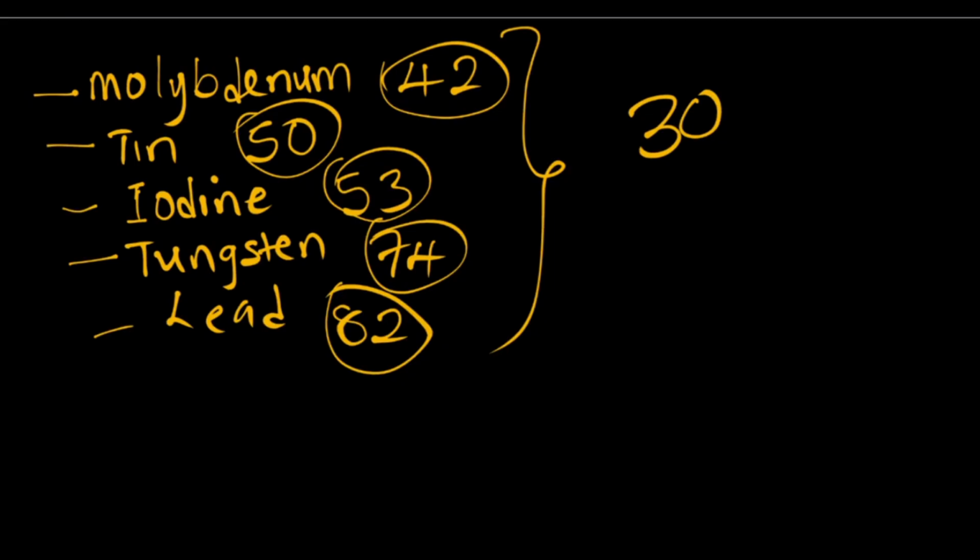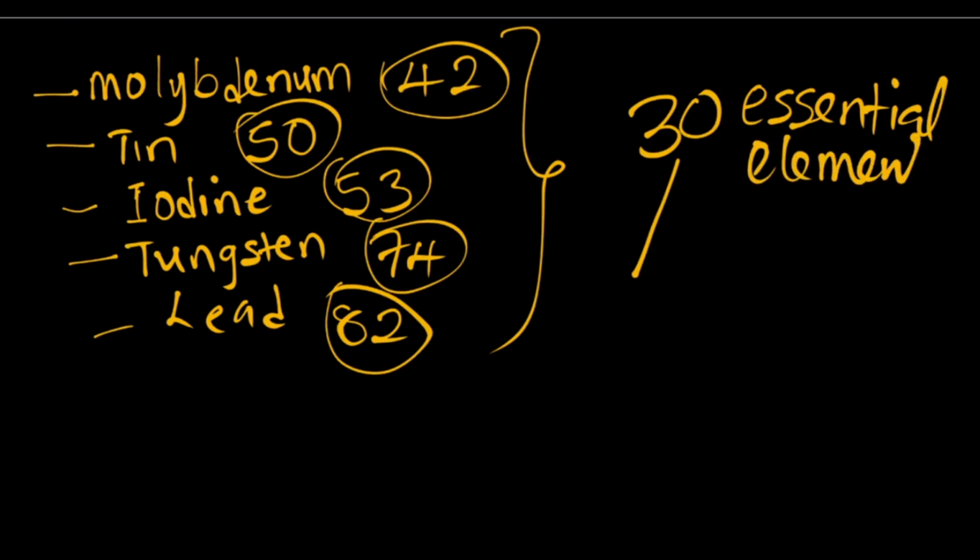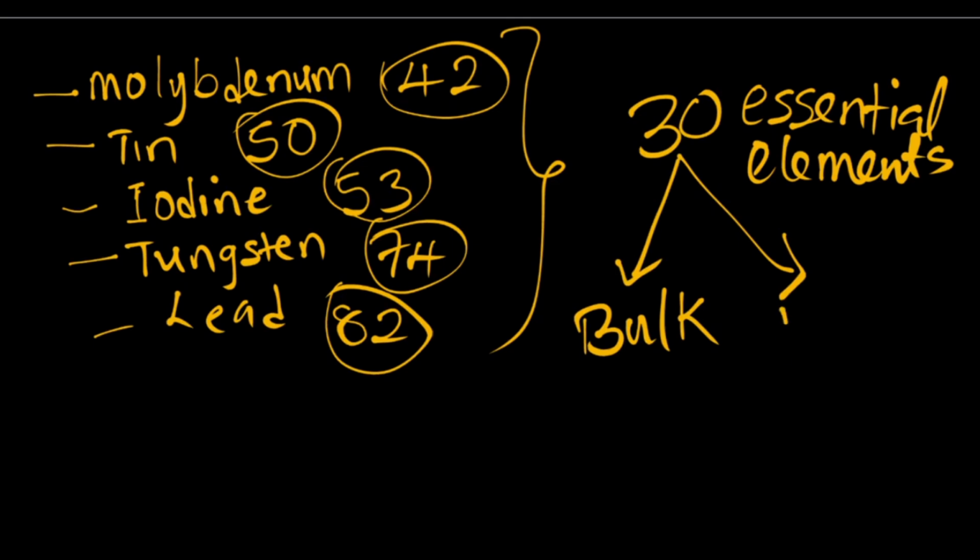So these 30 essential elements are grouped into two. First is the bulk element. The second, call it trace element.